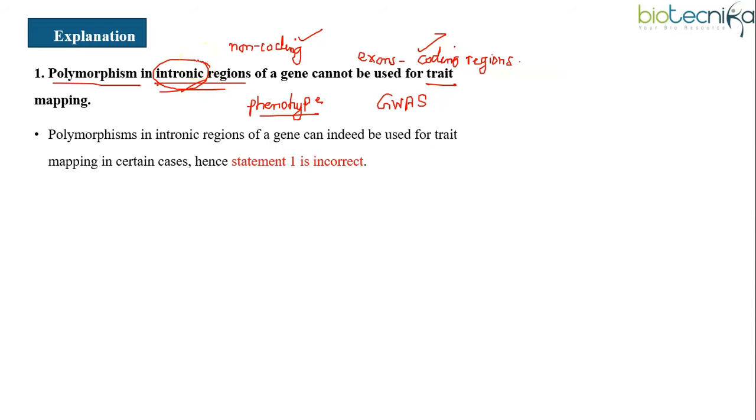Therefore, statement 1 is wrong. It is incorrect because polymorphism in intronic regions of a gene can indeed be used for trait mapping in certain cases.